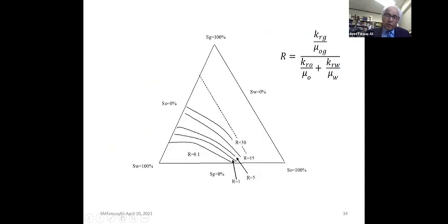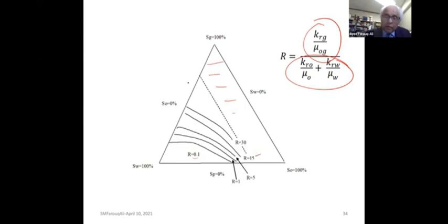High gas mobility. Here is a diagram which shows you the relative mobility of gas to the total mobility of liquid. So what's the ratio? Well, the ratio is, as you can see, 0.1 here, and here it is 30. Only in this region, the ratio of the two is of the order of 15 or higher.